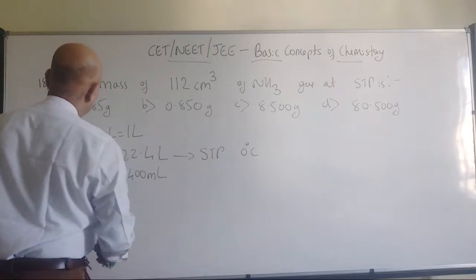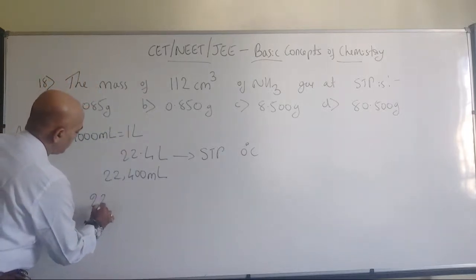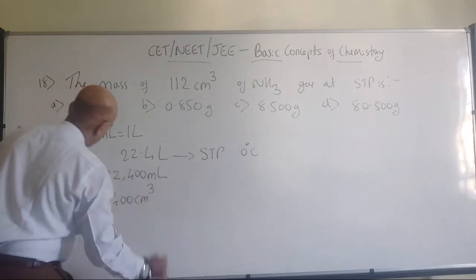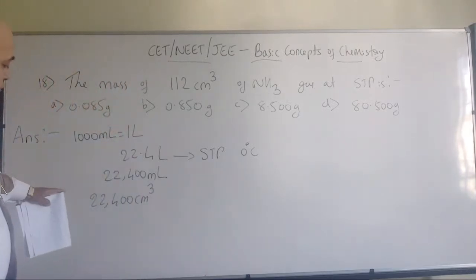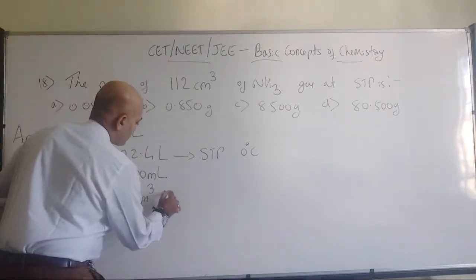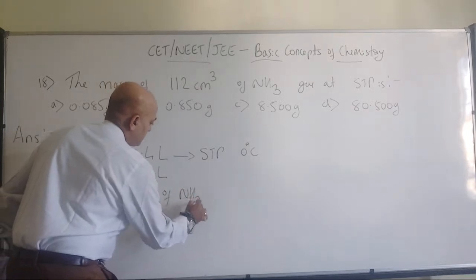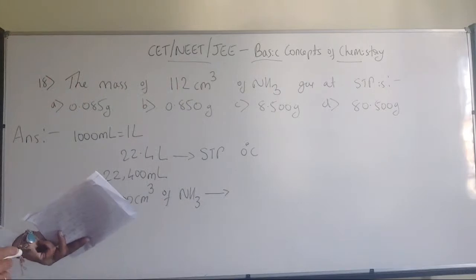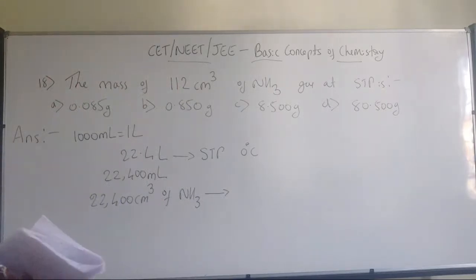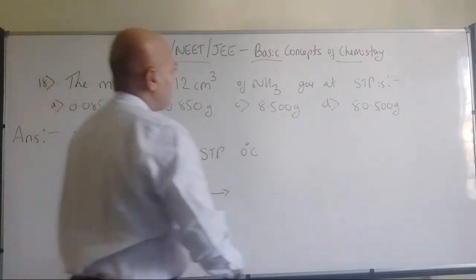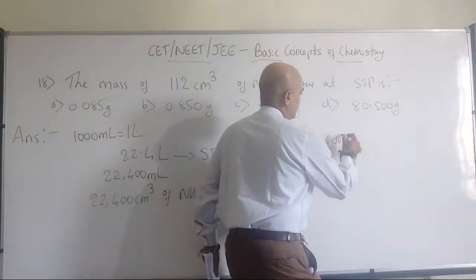So therefore, I can write that 22,400 centimeter cube of ammonia corresponds to how much mass? What is the molar mass of ammonia? Molar mass of ammonia should be NH3, right?